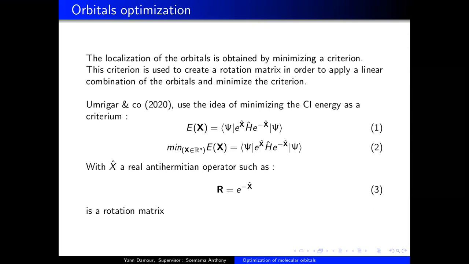So we can express the CI energy as a function of the operator X, and we can minimize the energy by changing this operator X. So X is a real anti-Hermitian operator, such that R, the rotation matrix, is equal to the exponential of minus the operator.